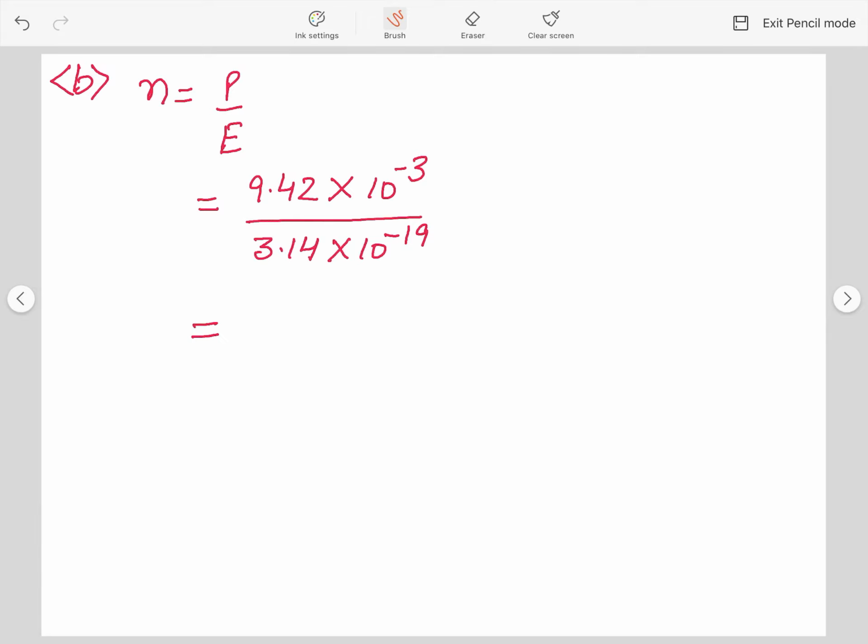On solving, we will get 3 into 10 raised to power 16 photons per second. This is N, number of photons emitted per second.